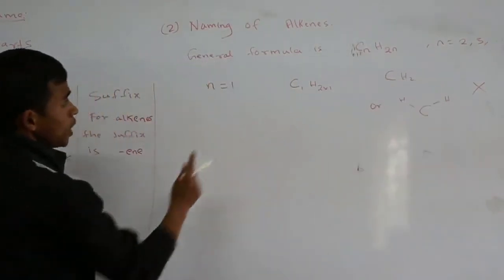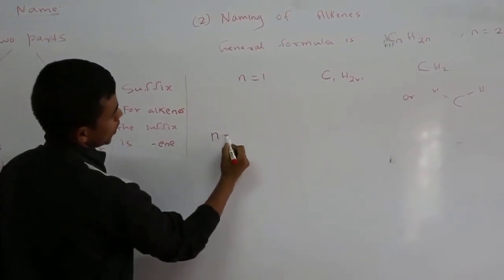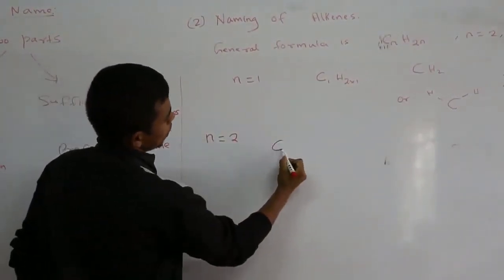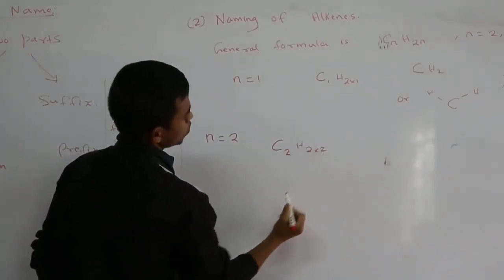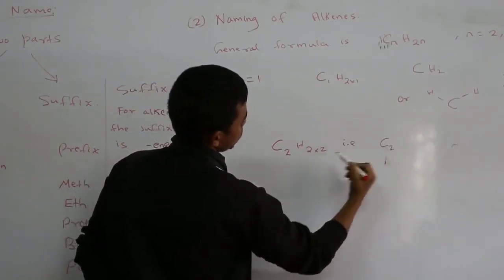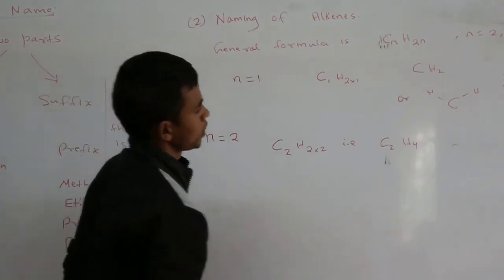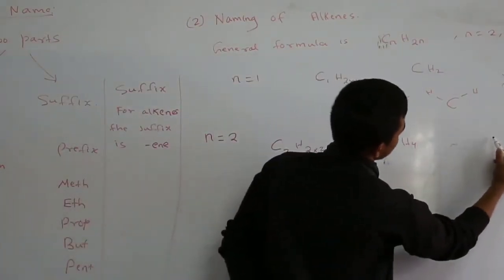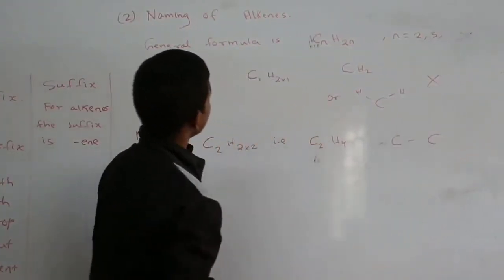So let us have a look at the first member, that is when n is 2. So when n is 2, we have CnH2n, 2 into 2, so this is C2H4. So the structural formula is: there are 2 carbons like this, and here is an alkene.